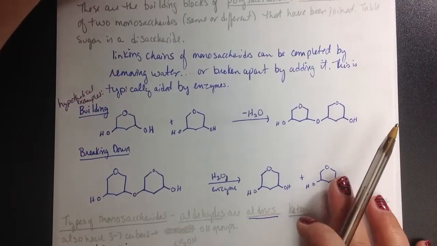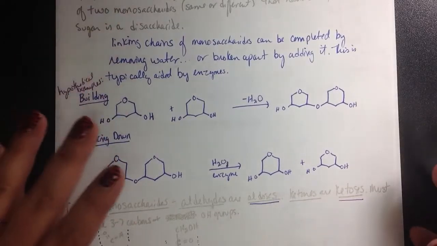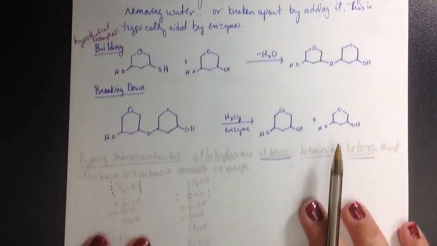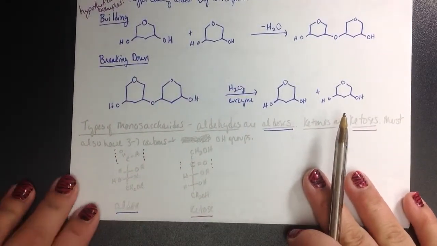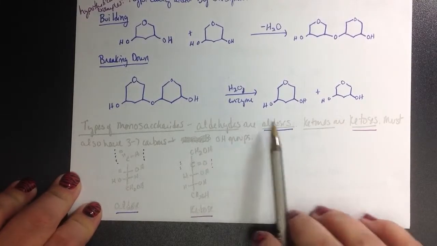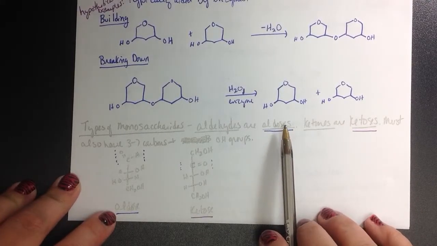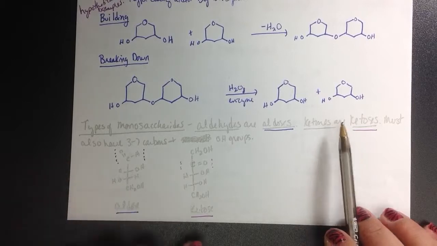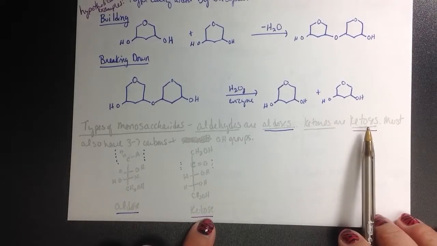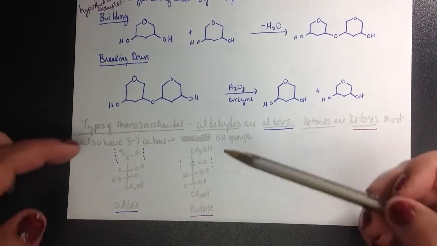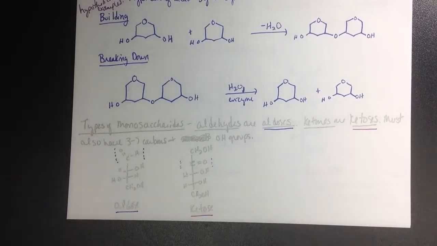Okay. Now, we can term these, now that you're familiar with the Fisher projections, aldehydes become aldoses, and ketones become ketoses, or ketose. Each of these have 3 to 7 carbons and 1 or more OH groups.